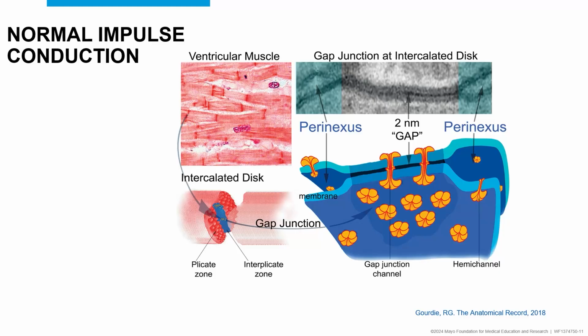And so it's not occurring on the transverse aspects of these cells, only really because the gap junctions are enriched at the end of cells. That does change with disease, and we'll go over that. But it's the gap junctions that are going to facilitate this impulse conduction from cell to cell after sodium initiation.